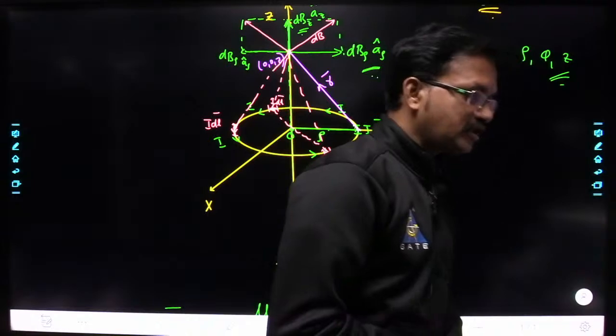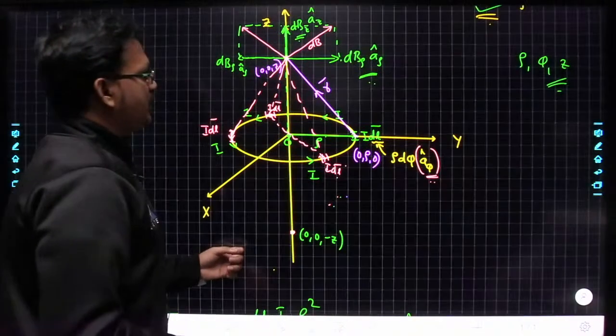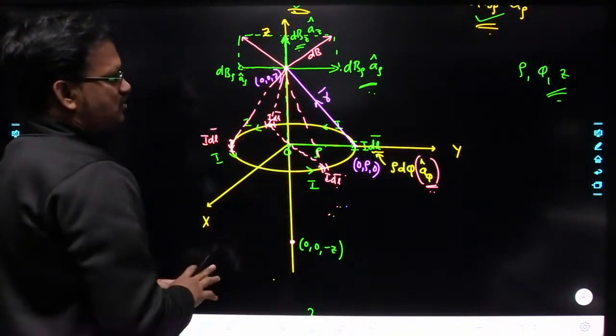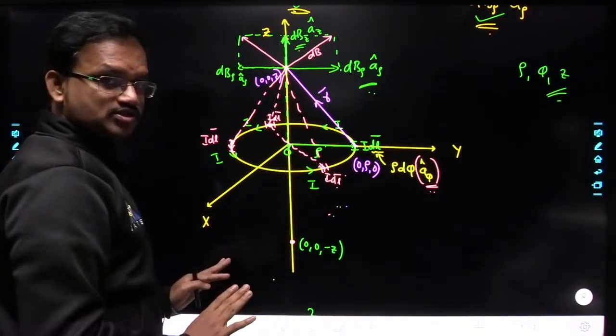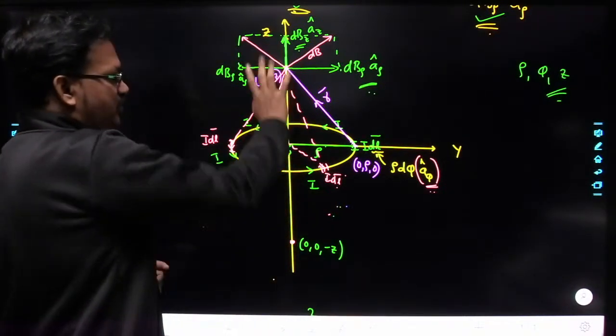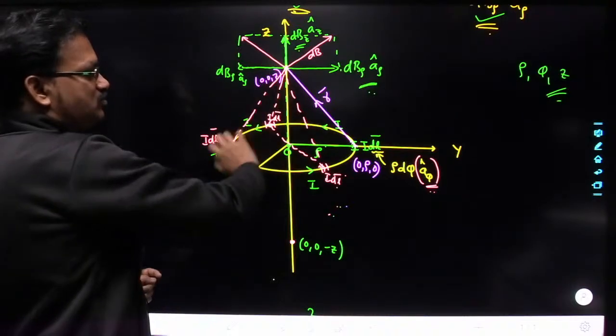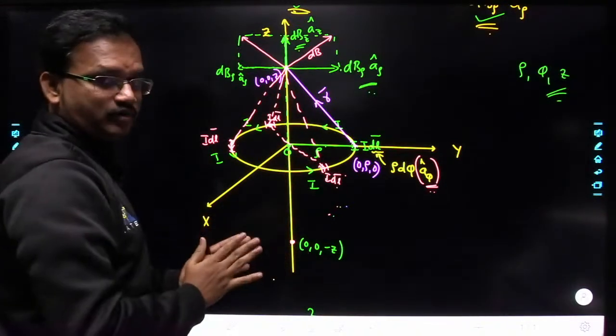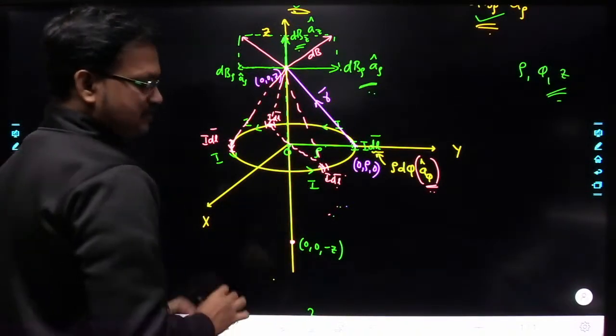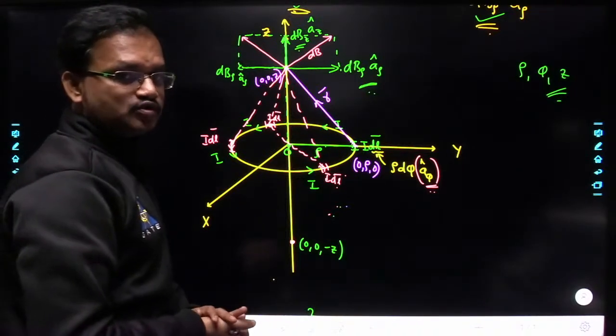Expression will be same. So here this point is at 0, 0, z and this point is at 0, 0, minus z. So the distance from here to here and the distance from the current element to this point, each and everything will be same. And hence here also the B field is going to be same.